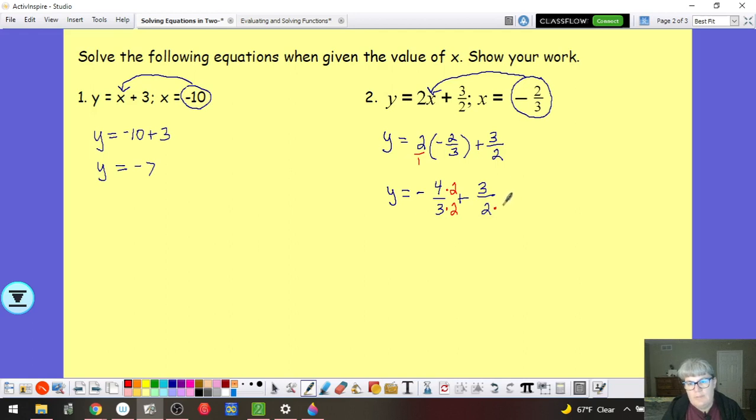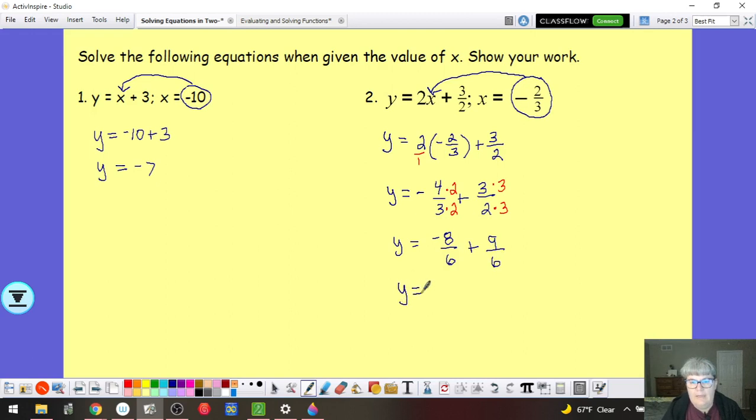To turn the denominator 2 into 6, I would multiply by 3, so I have to multiply that numerator by 3. So we are going to end up with y equals negative 8/6 plus 9/6.